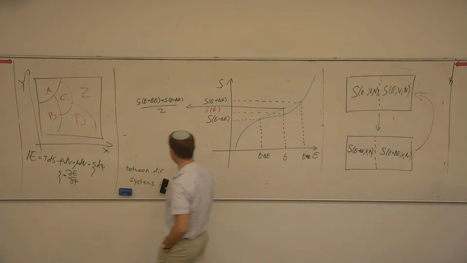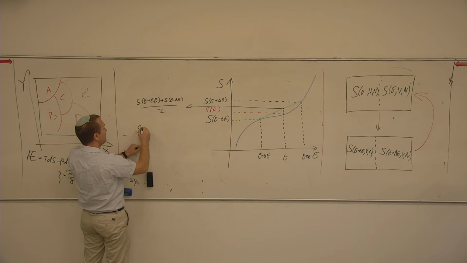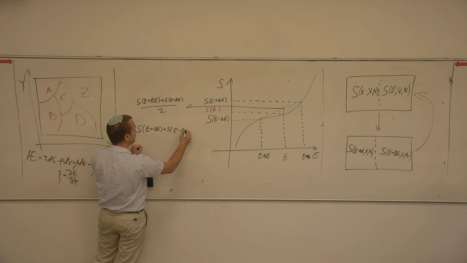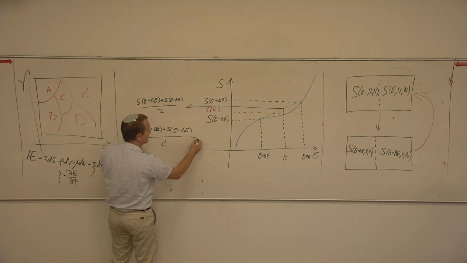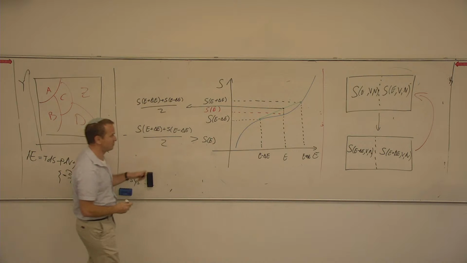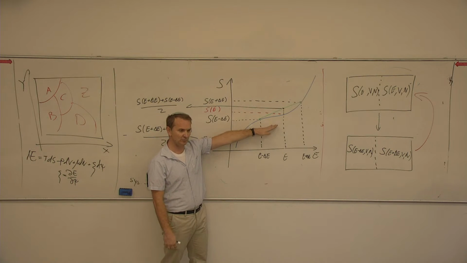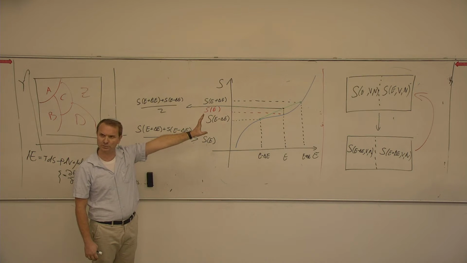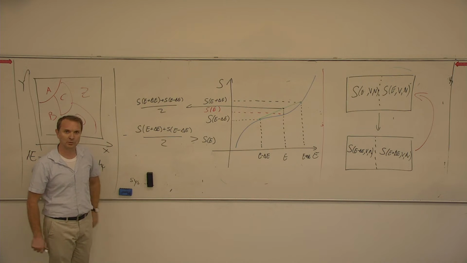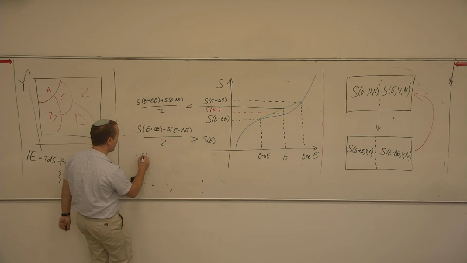So I'm saying the following thing, that according to this plot, S(E plus delta E) plus S(E minus delta E) divided by 2 is larger than S of E. Why do we assume that it's larger? Because for this plot, only for this plot, okay? And I'm claiming that this is really wrong. Why is it really wrong? Okay, so let's make another step.